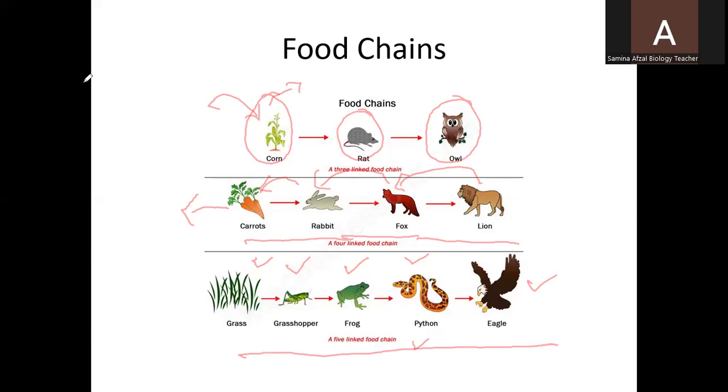Here you can see the first food chain consists of only two trophic levels, the other of three trophic levels, and one other of four trophic levels after the producers. So we can say the energy transfer takes place from the producers to the other organisms.